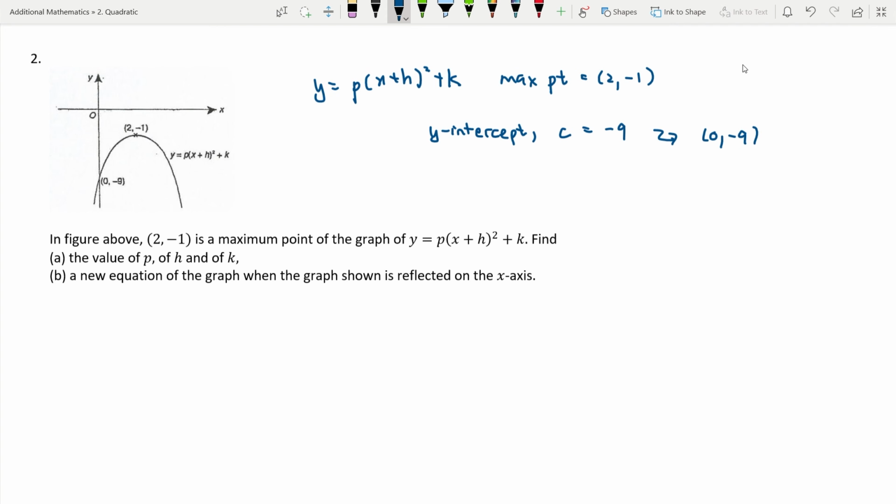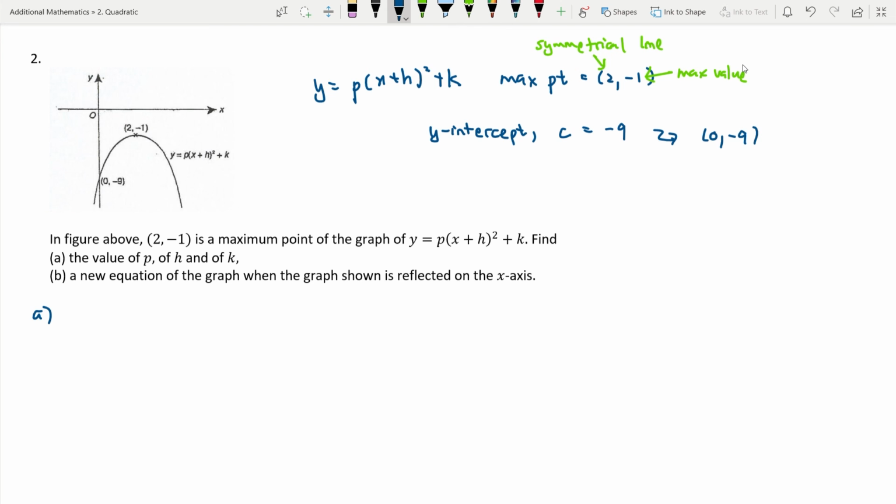A. Find the value of p, of h, and of k. Since we are given the maximum point, we can obtain the values of h and k easily. 2 is our symmetrical line and negative 1 is our maximum value.